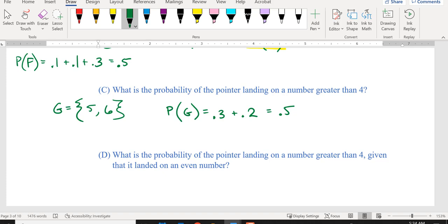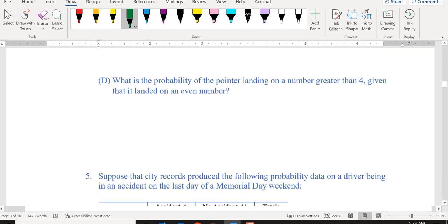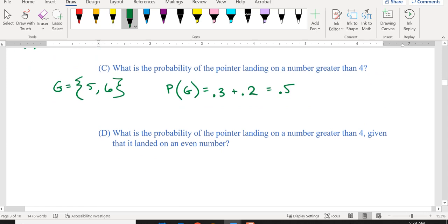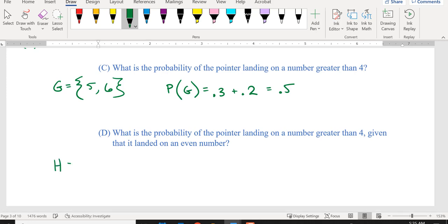Question D, what's the probability of the pointer landing on a number greater than 4, given that it landed on an even number? The probability of greater than 4 was G, so the probability was 0.5. Given that it landed on an even number, let's let event H be an even number, which would be 2, 4, 6.